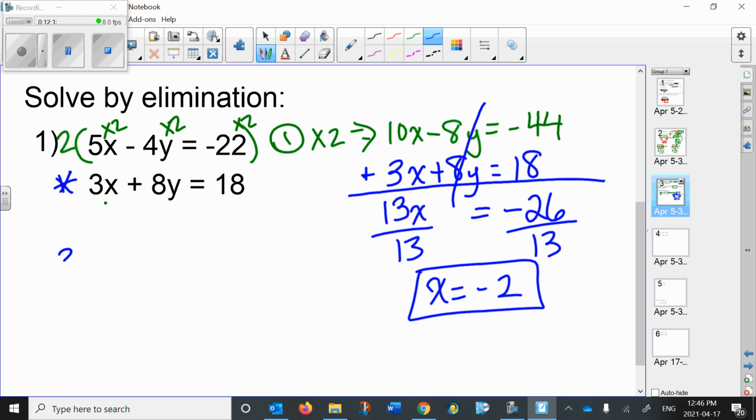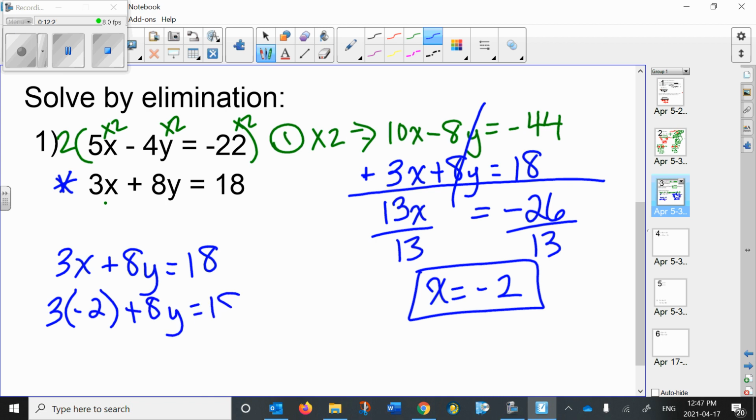So 3x plus 8y equals 18, and wherever I see x, I'm plugging in -2. So 3 times -2 plus 8y equals 18. And 3 times -2 gives me -6, plus 8y equals 18.